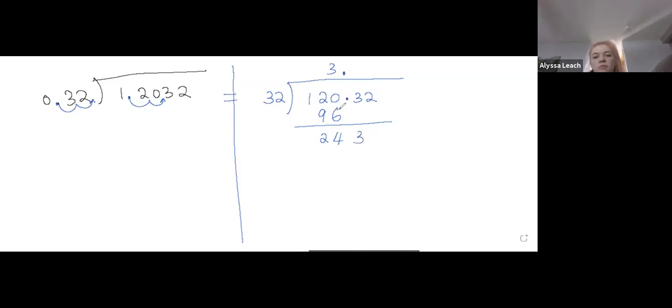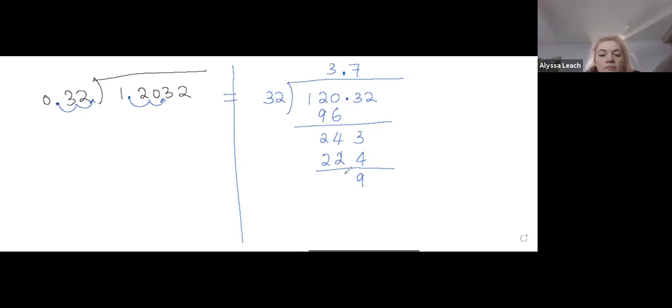Okay, this is close to 30 times 8 is 240, so 8 is close, but it's a little bit bigger, right? Let's go to the next smaller number. 2 times 7, 14. 3 times 7, 21. 324.